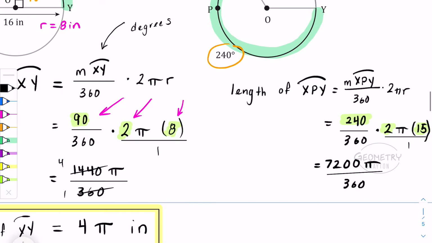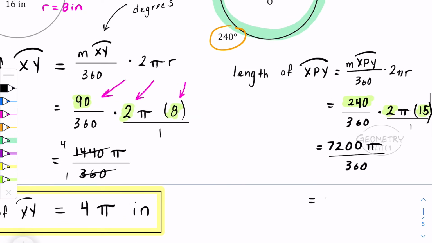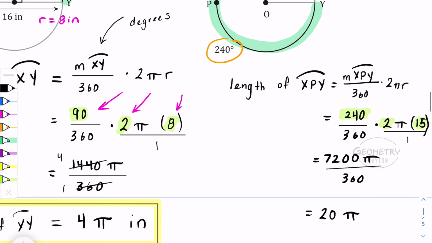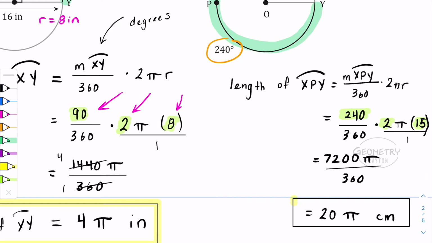And 360 actually goes into 7,200 20 times. So my final answer is going to be 20 pi. And my units here are centimeters. So 20 pi centimeters is the length of that arc. Remember to keep pi in your answer. Do not multiply that out.